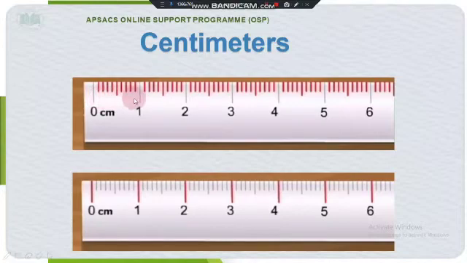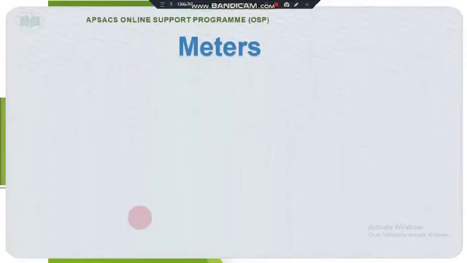So 10 markings at equal distance make 1 centimeter. Then again 10 markings make another centimeter, so it becomes 2 centimeters. So remember that 0 to 1 is 1 centimeter. Is it clear?